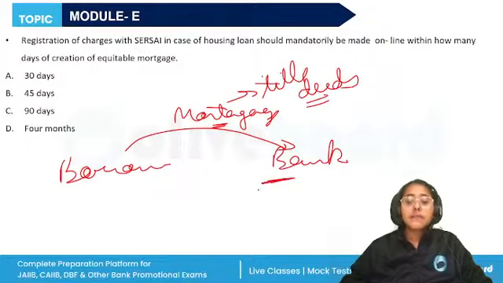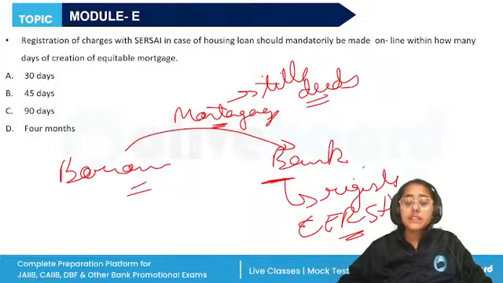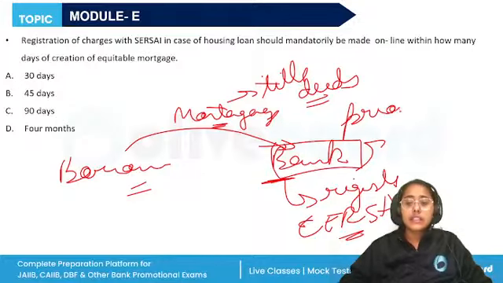And it is required by the bank to get the charge registered. Either the bank or the borrower has to get the charge registered with SARSAI. Why? Because if the borrower defaults on the loan and they have to go to the process of securitization, then the secured creditor will get the priority.